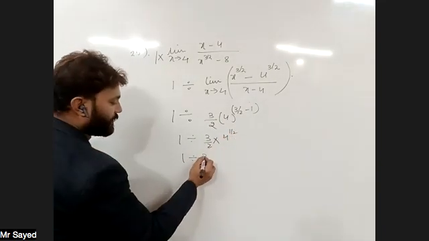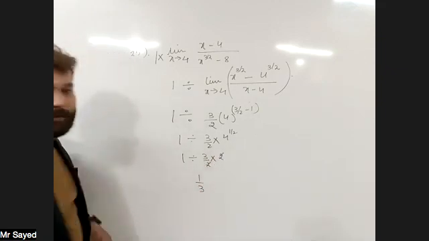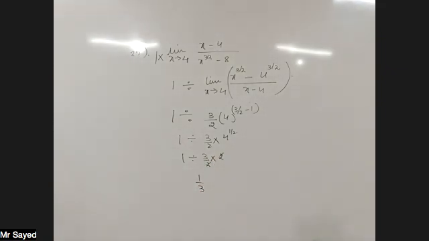Square root of 4 will be 2. This 2 and this 2 cancelled. 1 upon 3. I hope those who have done it this way only. That's correct.